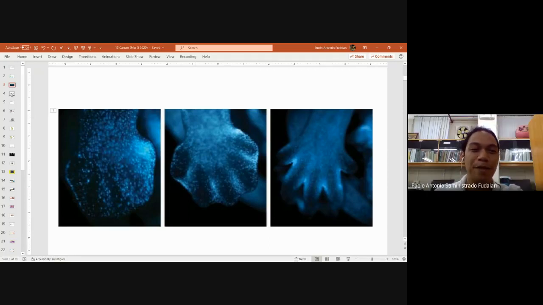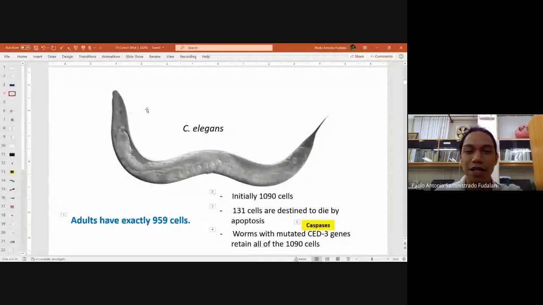The study on apoptosis actually started with a model organism in genetics, the roundworm Caenorhabditis elegans, C. elegans. All adults of C. elegans are known to have 959 cells, always.